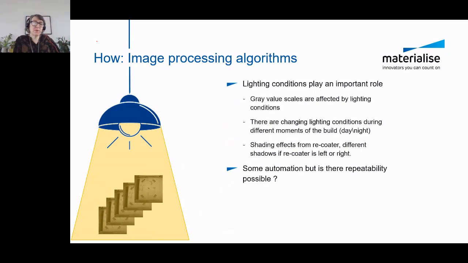It's just somebody switching a light on in the room. That will all have an effect on the gray value scale of one image. And as such, you will end up with a lot of variation in your complete slide stack. So yes, there is some degree of automation, but with all these variances in gray values, for me to put it down as a quality inspection tool, I don't feel that secure about it.